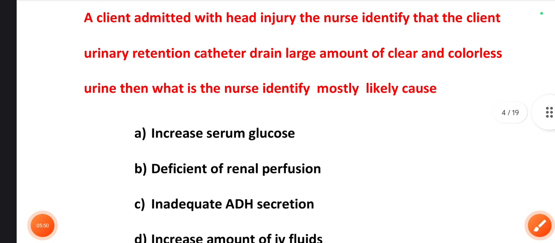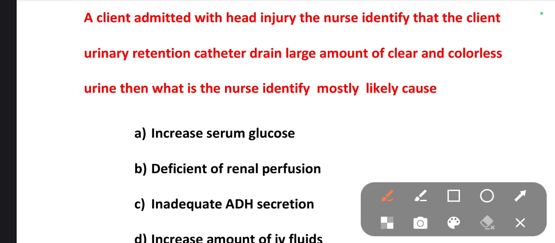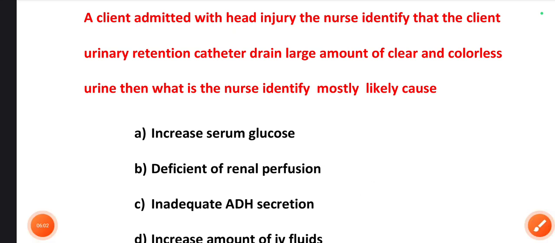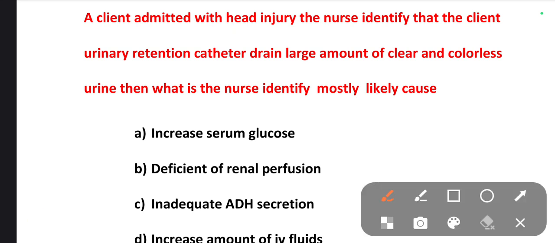So the patient has a head injury. What will happen in the case of head injury? There may be damage to the pituitary gland. The characteristic here is a large amount of urine.